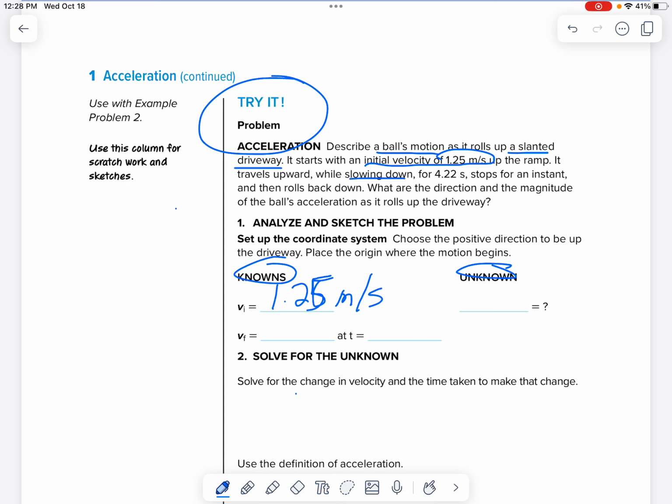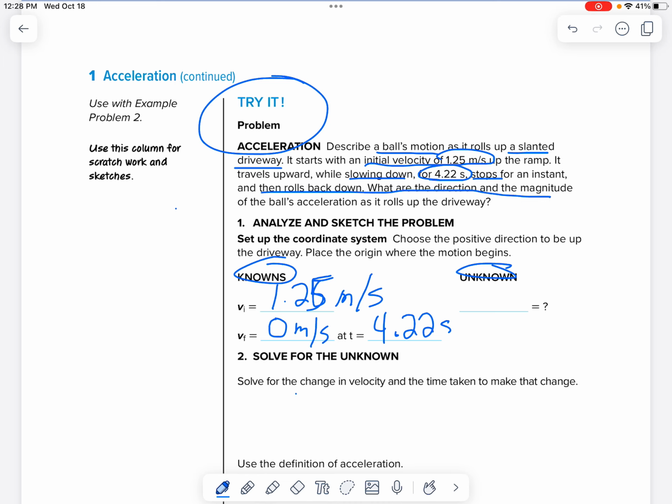It's slowing down for 4.22 seconds when it stops. So that means the final velocity is 0. They're not going to state that explicitly. You're going to have to figure that out as it comes to a stop. And that happens 4.22 seconds later, after it starts rolling up the hill.